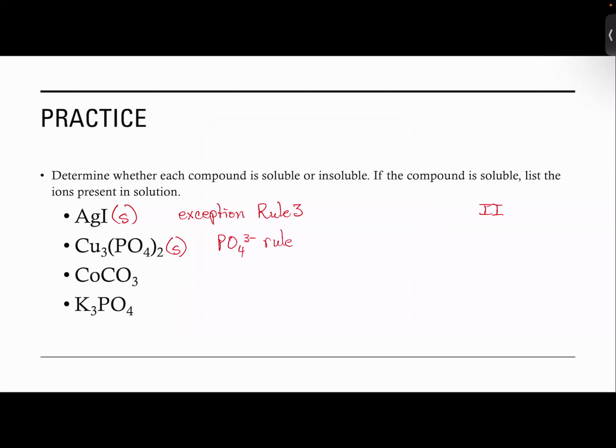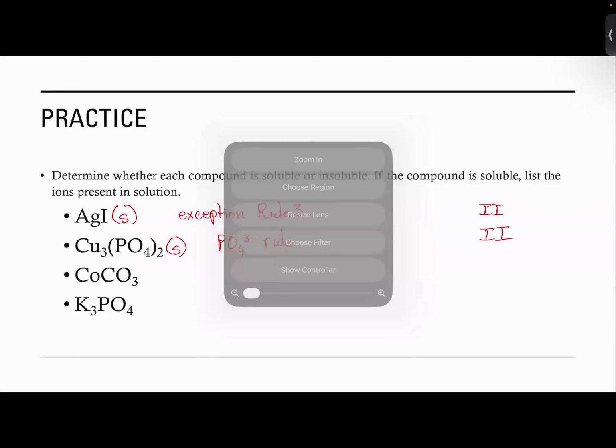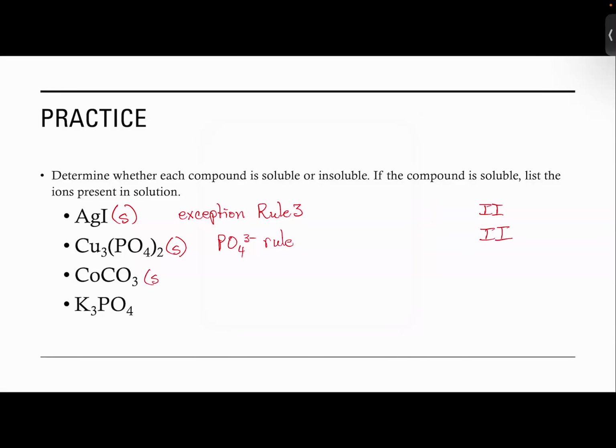This is not an exception, and therefore it would be an insoluble ionic compound. Cobalt carbonate would be a solid because it fits the carbonate rule, and it is not an exception. Therefore, it would be an insoluble ionic compound.